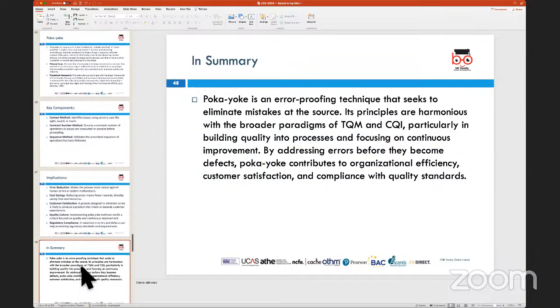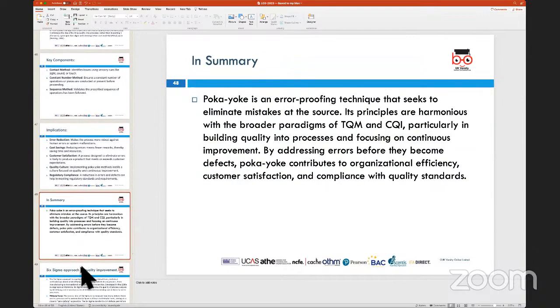Now, when we look at these two techniques in particular, the Taguchi loss function and poka-yoke, they essentially contribute to detecting errors in product quality and process design.